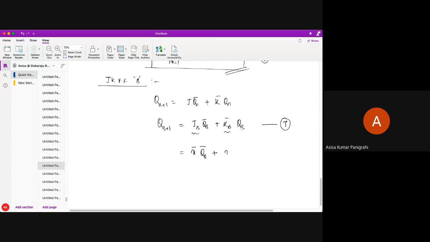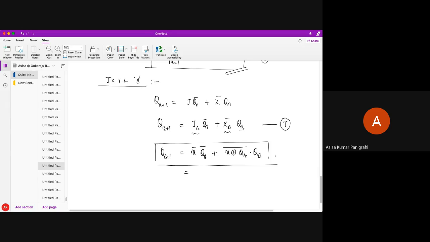So X XOR QA whole bar QB. I am telling you, if you will not understand these students, nobody will explain you again, because if you see the book also, you will not understand. I am saying this is very tough. You need to understand here. If you are having any doubt, you can ask me here only. Okay. So this is my transition equation for the JK flip-flop B.